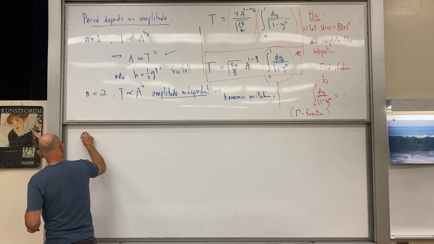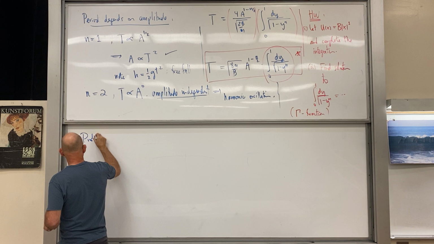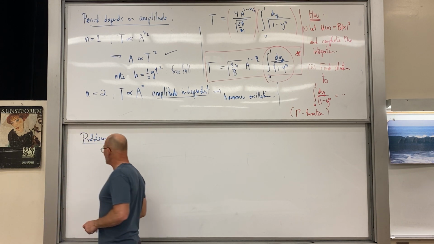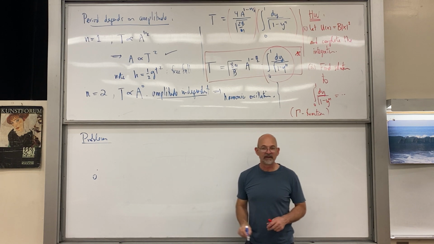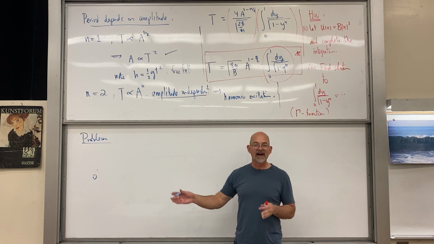So here's an interesting problem. Suppose we have an origin here, and that's a Newtonian center of attraction, a Newton gravity attractor.